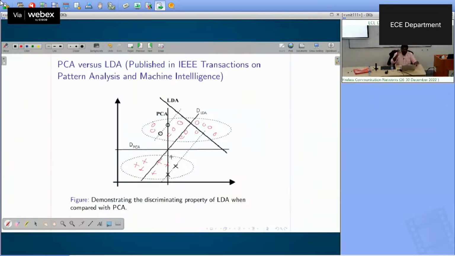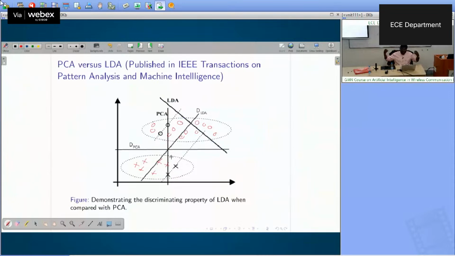When do we say that it is inferior? After projection, we can tell only if we get overlapping. After projection, I don't want the red and blue to overlap. If it is well separated, fine.